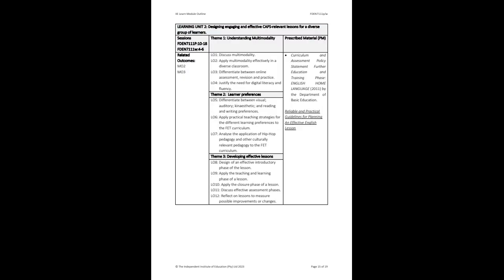Then we go through learning unit 2, it's the exact same thing, learning unit 3, learning unit 3 breakdown, and so on and so forth. So there are 4 learning units, and this is all covered in your manual outline.